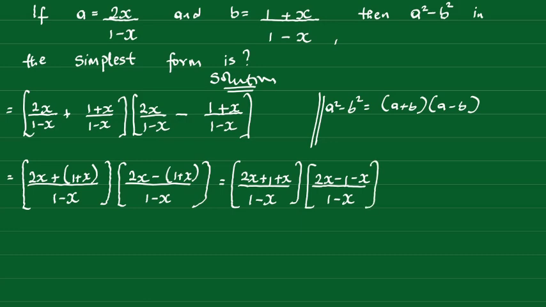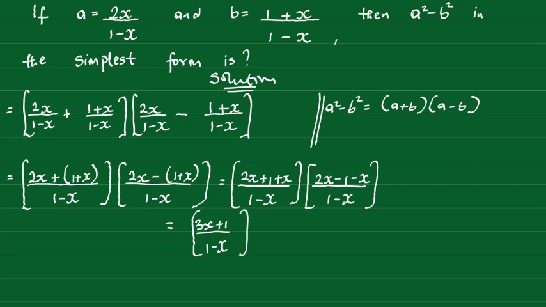Now we proceed to collecting like terms. So I have a bracket open, write down our LCM 1 minus x. Then we have 2x plus x. This gives us 3x. Then we are left with plus 1.